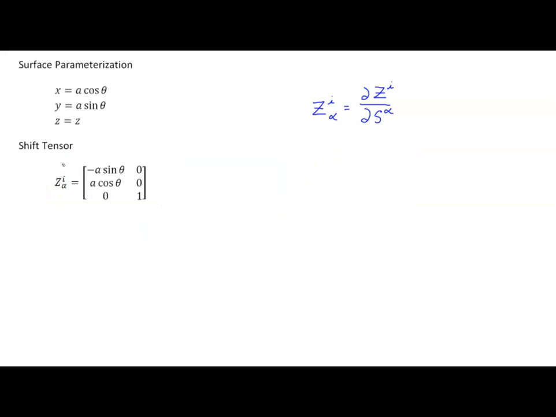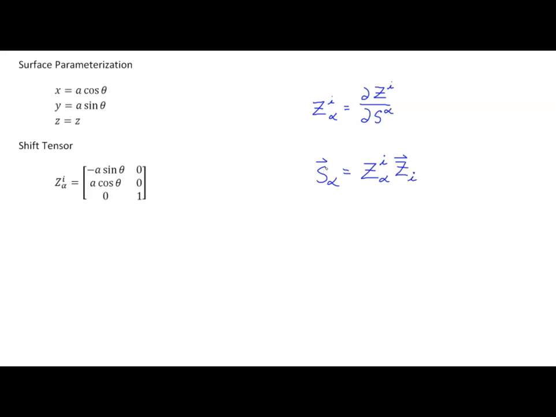Okay, from there what we want to do is to derive the surface covariant basis vectors. And we'll use this formula for that. It's just the contraction of our shift tensor with each of the covariant basis vectors in the ambient space. And those, of course, are just x hat, y hat, and z hat. So we're simply multiplying.